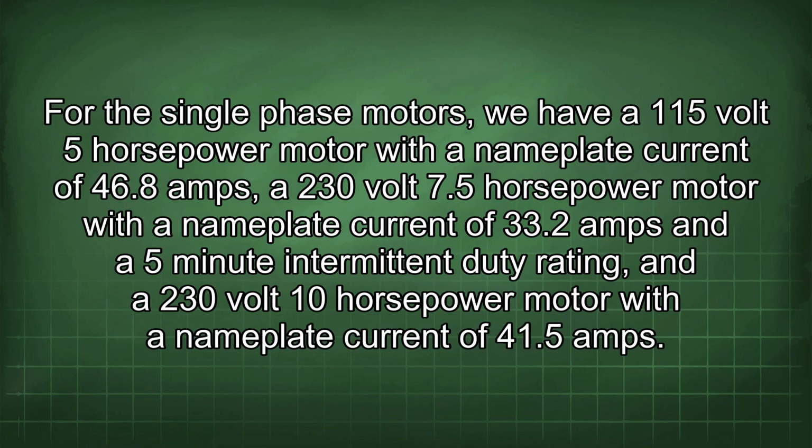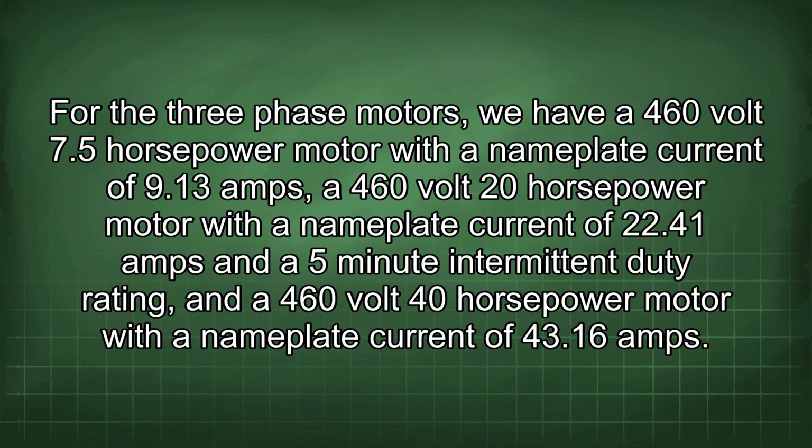For the single-phase motors, we have a 115-volt 5-horsepower motor with a nameplate current of 46.8 amps, a 230-volt 7.5-horsepower motor with a nameplate current of 33.2 amps and a 5-minute intermittent duty rating, and a 230-volt 10-horsepower motor with a nameplate current of 41.5 amps.